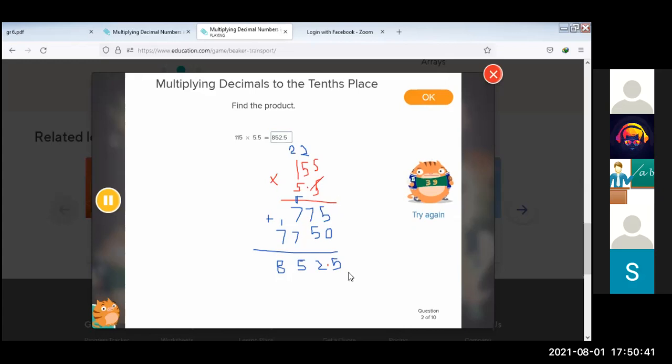Do you have any mistake when you add or make something? Let's see. I wrote it. It's okay.